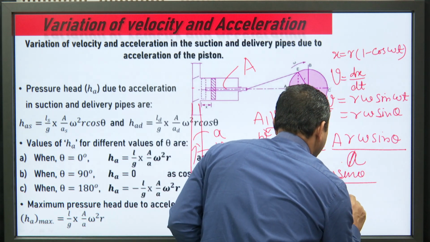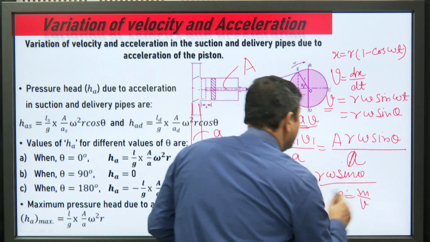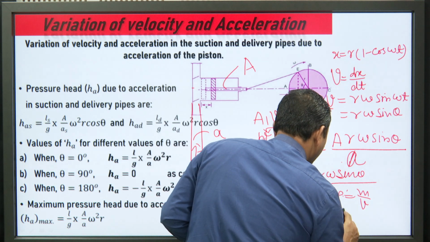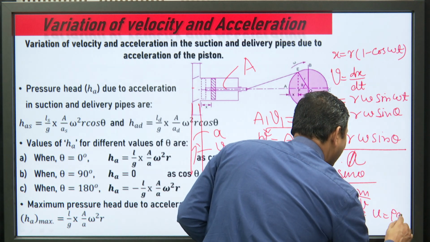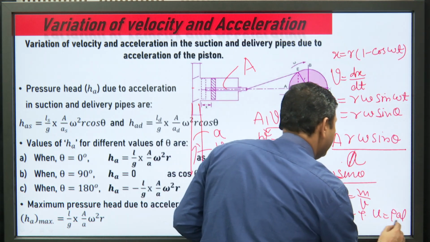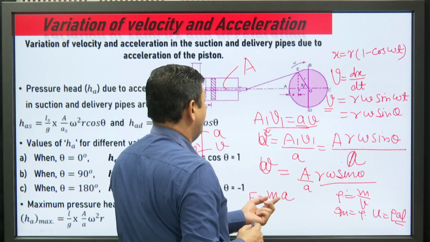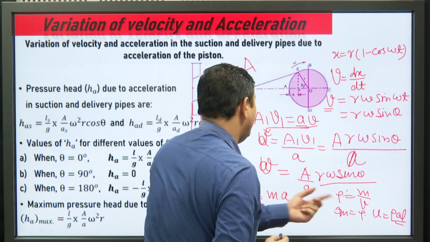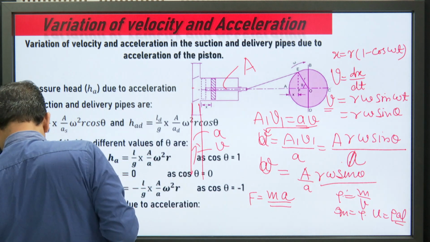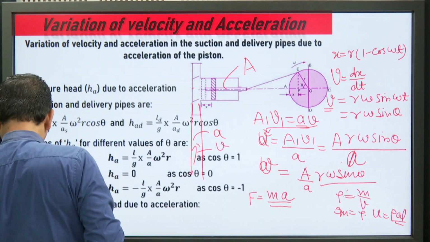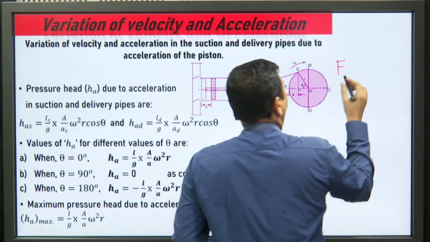Density equals mass upon volume, so mass equals density rho into volume, and then into acceleration.